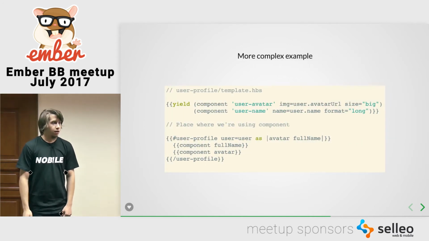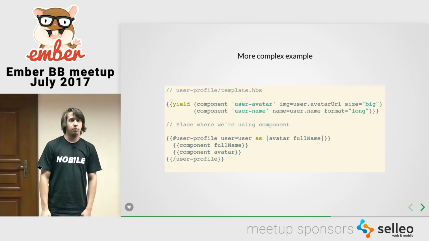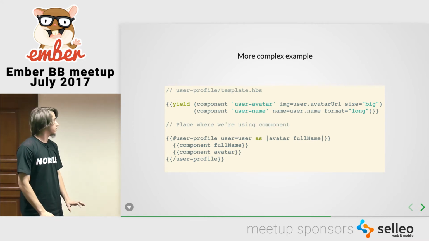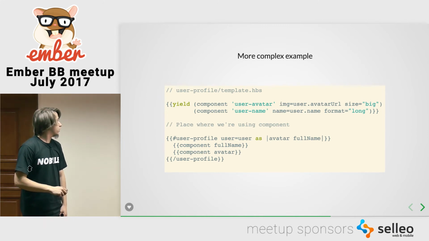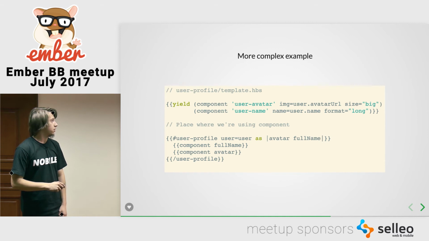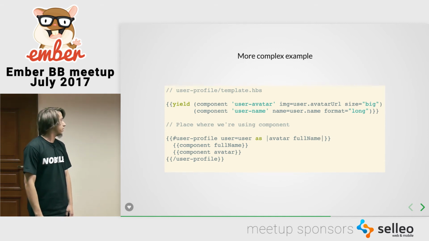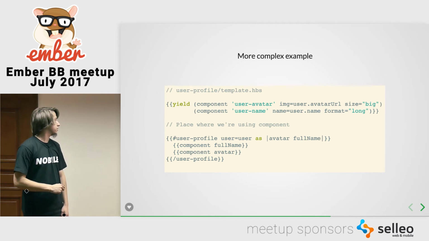Okay. This is an example of the first iteration of rewriting our component. We are creating a template where we are yielding user avatar and username components with default values. Also, the interface looks much clearer, and we can add something here, here, and here.